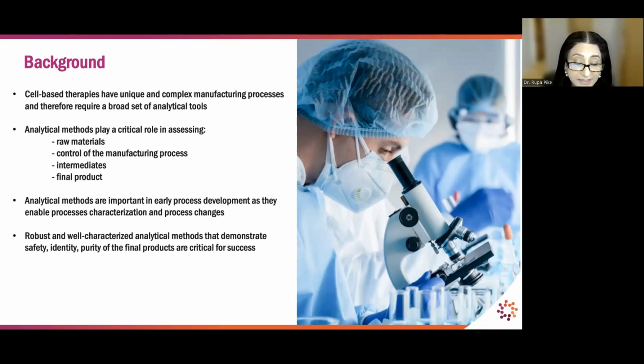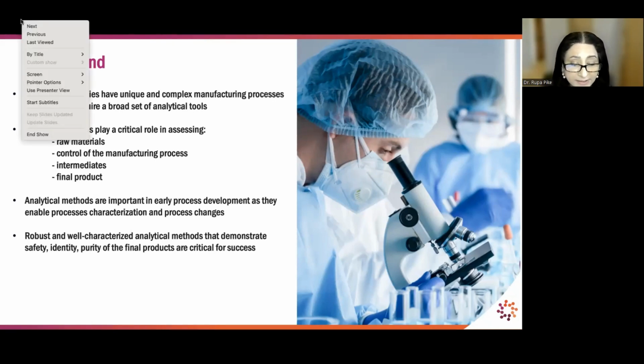Now, these advancements are wonderful, but they have also fueled the need to develop robust and well-characterized analytical methods that are critical for demonstrating safety, identity, purity, strength, and potency for the final product. Since cell-based therapies are unique and the final product is comprised of living cells, the complexities associated with cell therapy manufacturing require a broad set of analytical tools.